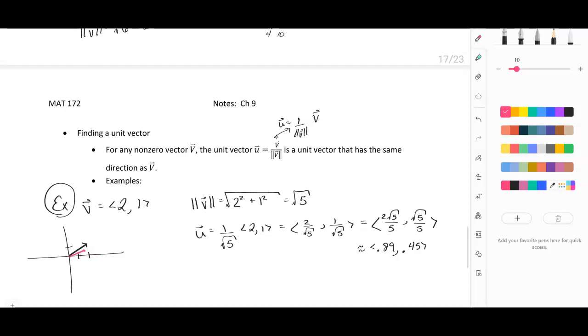Okay, it's going in the same direction. It's just a smaller vector. Actually, I messed that up a little bit. 0.89 would be here, 0.45 would be here. So see how it's going in the same direction, right on top of it? That's always going to happen. It's going to be right on top of that other vector. It's just not going to be as long necessarily as that other vector.